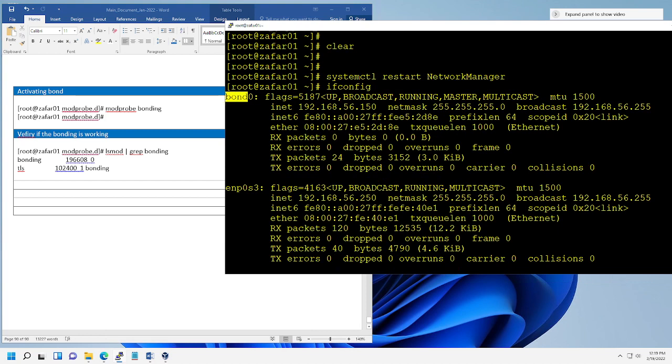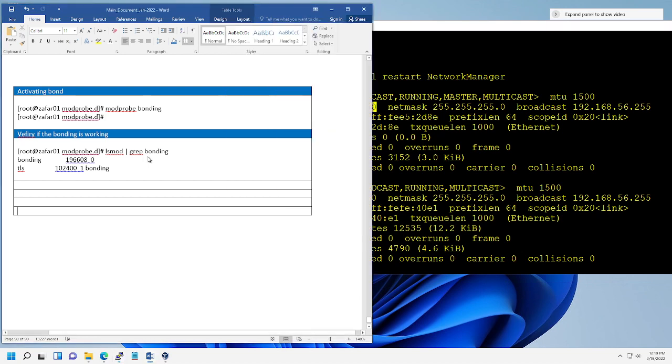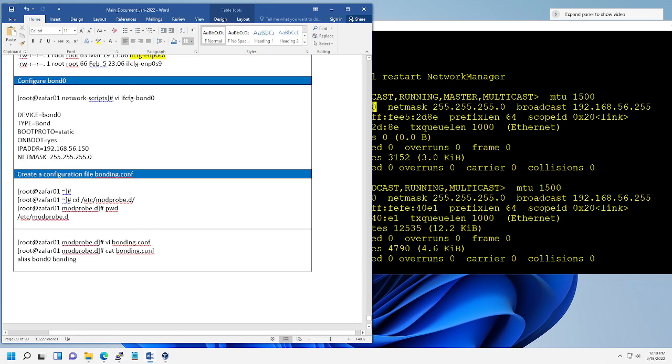We have bond0, 192.168.56.150, and it is working. So what we did was we provided 150 here, right? This is the IP address for bond0.